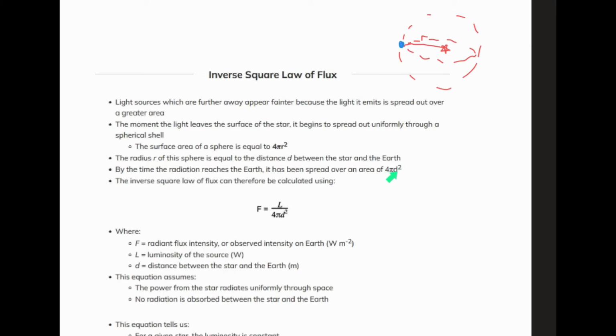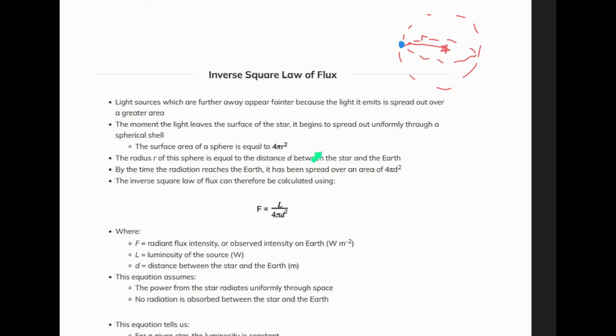So try to imagine the light spread out over an area of this amount, 4 pi d square. The d here is the distance between the star and the Earth, so you can just use r, because r is also the distance d between the star and the Earth.